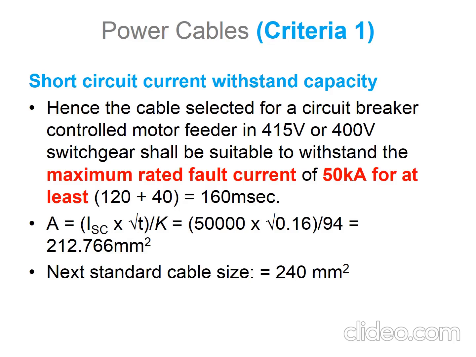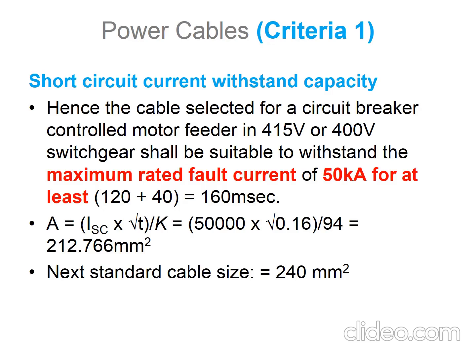So we insert all the values of I short circuit, and the time value, divided by K. This K refers to the K value of SLP aluminium cable from the given table in the previous slide.